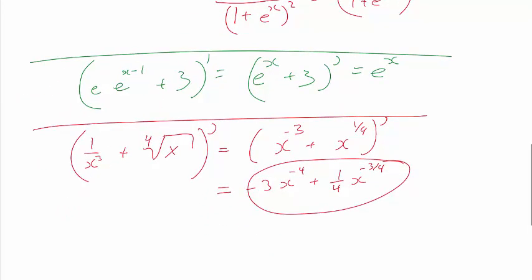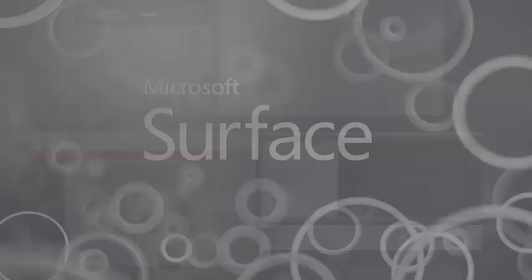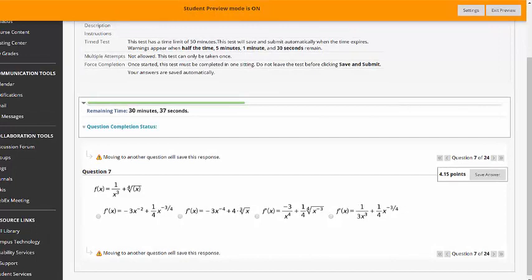So this is going to be negative 3 over x to the fourth plus 1/4 times the fourth root of x to the negative 3. Okay, and so that matches our third choice right there. So that's the answer that you should have ended up at.